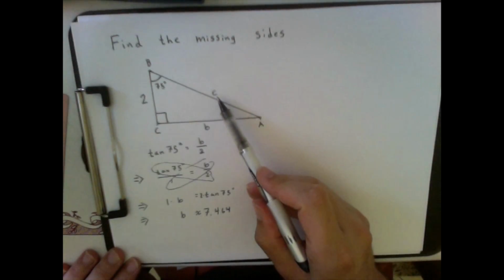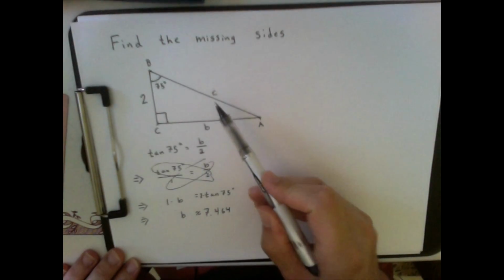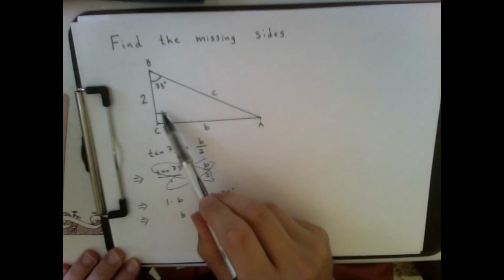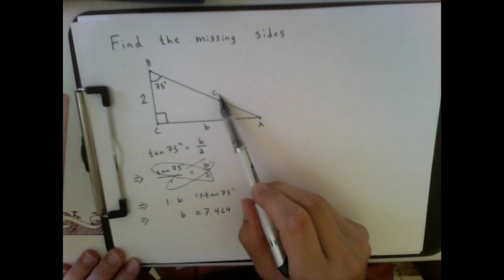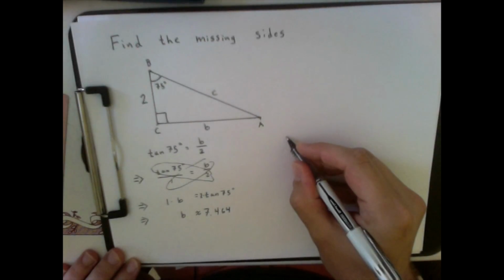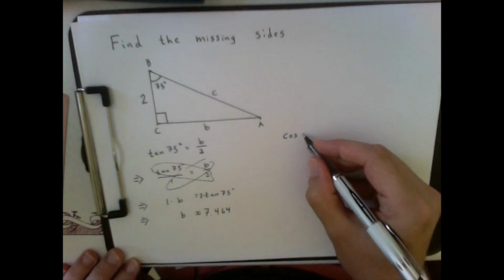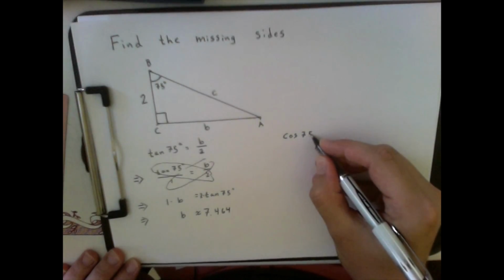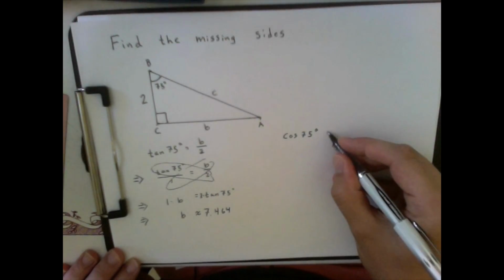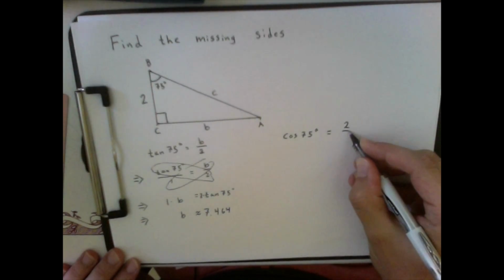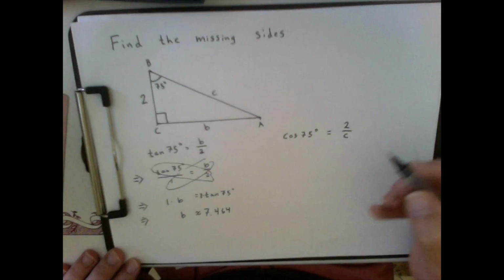All right. Lastly, we need to find c here. Now we know that the trig function that relates the adjacent and the hypotenuse to each other is cosine. So we have cosine of 75 degrees is equal to adjacent over hypotenuse.